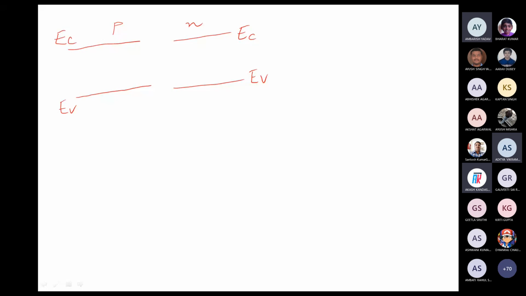Because of that in the P type we see holes, and in the N type we see electrons. So this particular property of the electron or hole residing in the conduction band or valence band is shown by a probability function.